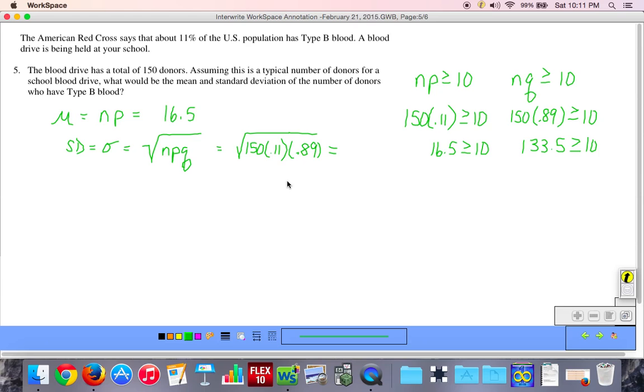And that gives us 3.83. So on average, we expect to have 16.5 donors with type B blood. That's our mean, or our expected value, and our standard deviation is 3.83 donors.